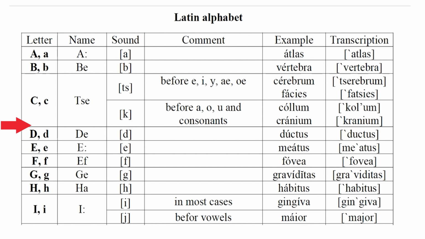Next letter is D in English. In Latin you pronounce it as da, such as in ductus. Next alphabet is E. You pronounce it as A. F is pronounced as F, so there's not much difference.